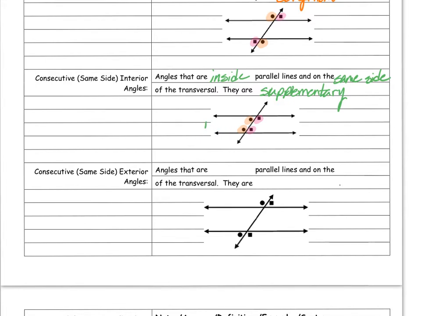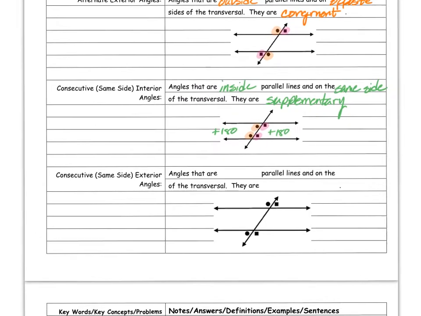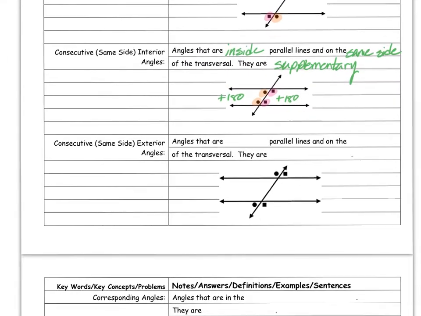That means that they add to be 180 degrees, and these two add to be 180 degrees, right? So if I have the two angles, and I need to find X, I just add them to be 180 degrees. So let's go ahead and talk about the next one.